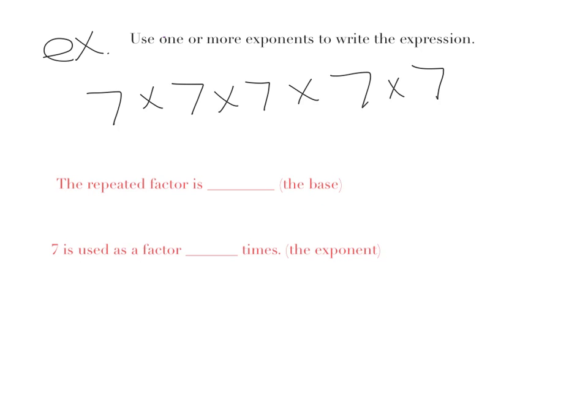So the repeated factor is 7, or the big number. And 7 is used as a factor how many times? 1, 2, 3, 4, 5 times. So because we repeated it 5 times, 5 becomes our exponent. This expression written as an exponent would be 7 to the 5th power.